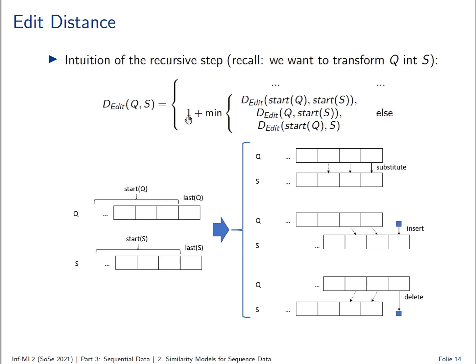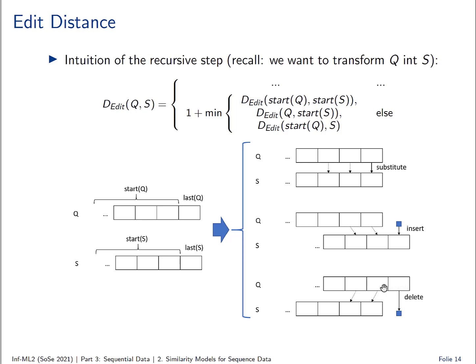So we have this one operation for the insert, and then we have to align the entire Q to the prefix of S. And the third option is that, in order to transform Q into S, we could delete the last Q. And what else do we have to do?